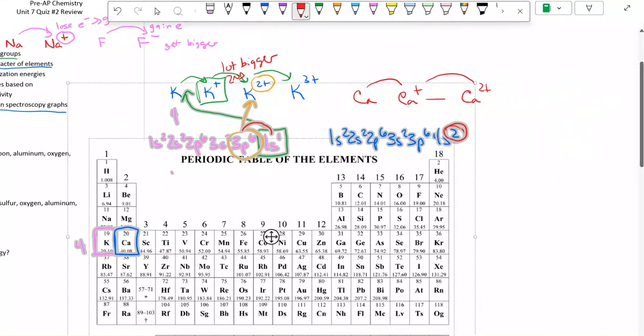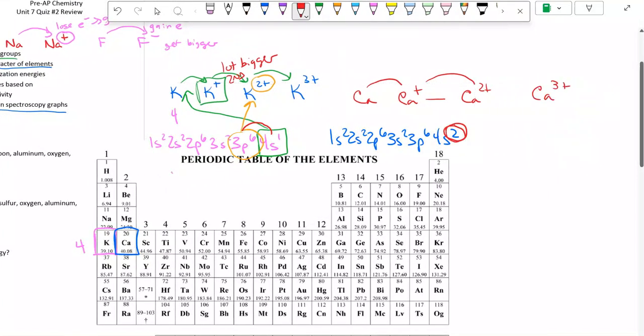Okay, but to become Ca3 plus, you would have to then take the electron away from the 3p, and this is where we would get a lot bigger. Whenever there's a different energy level, there's a big jump. So you're looking for a big jump when you take it away from an inside energy level, not the valence. And so this is where we see our common ions being made.